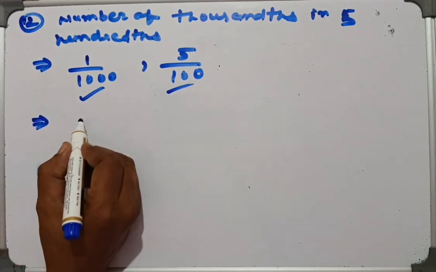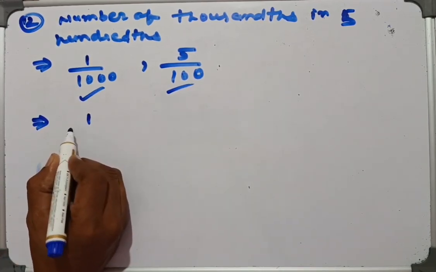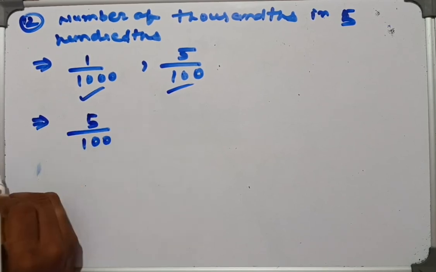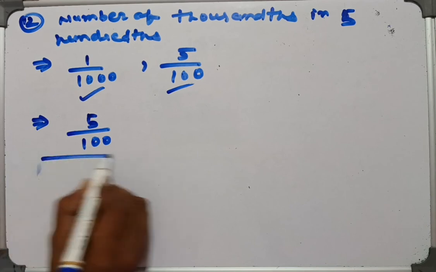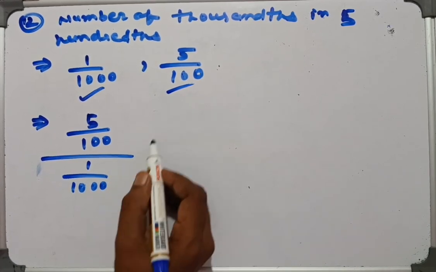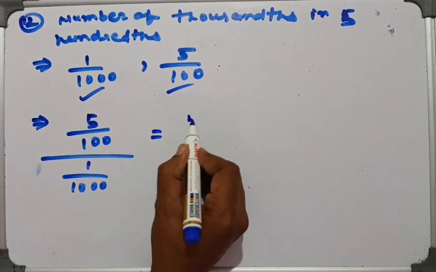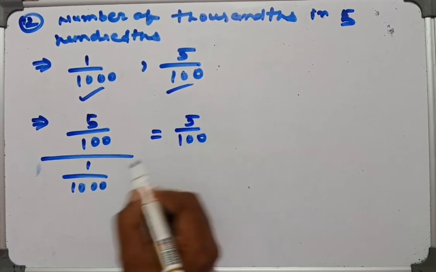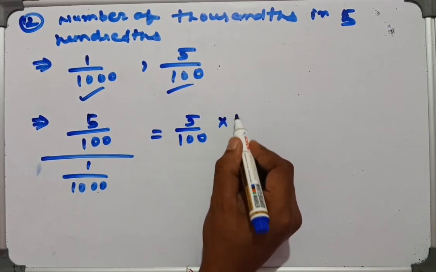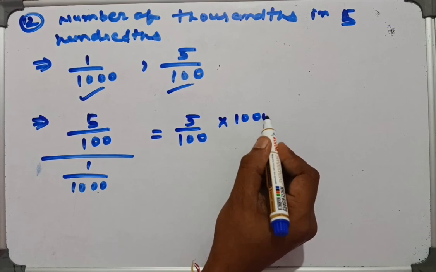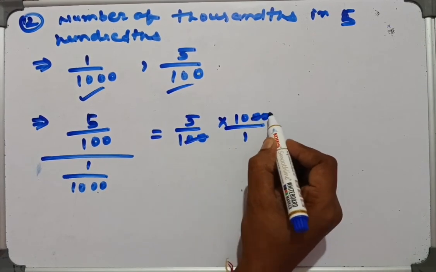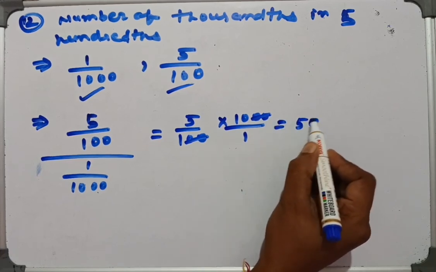So the solution is simply we divide 5 by 100 by 1 by 1000. Then you can write it 5 by 100. This 1000 will go up in the numerator, then it becomes 1000. This becomes a 1. So simply 20 cut down and this is 50.